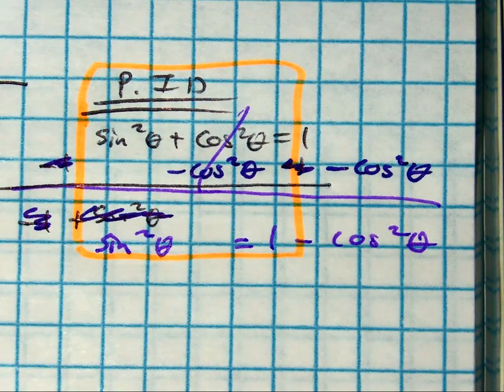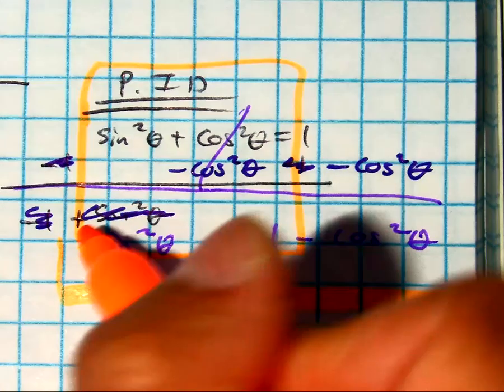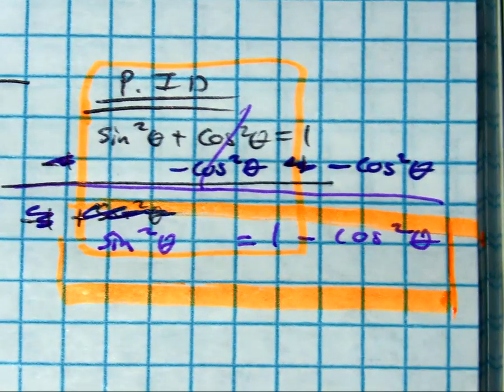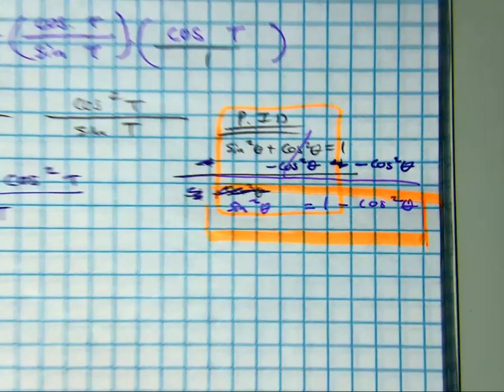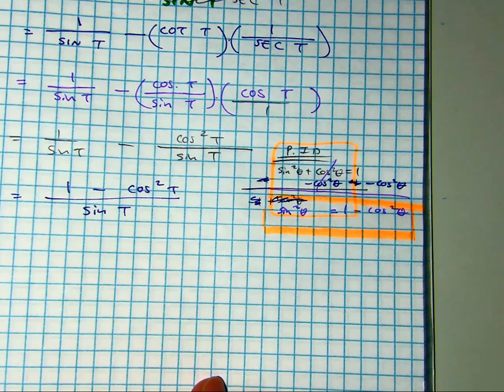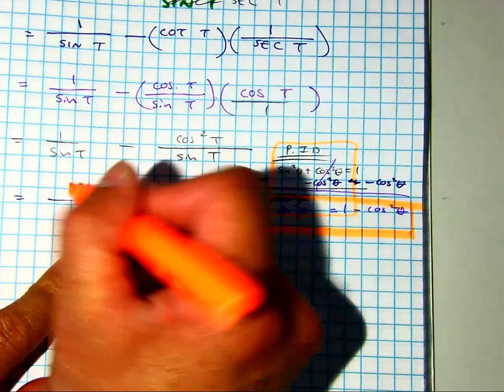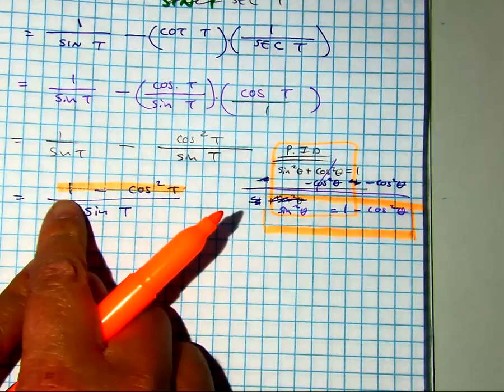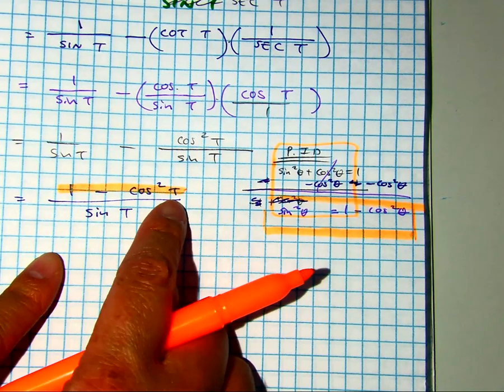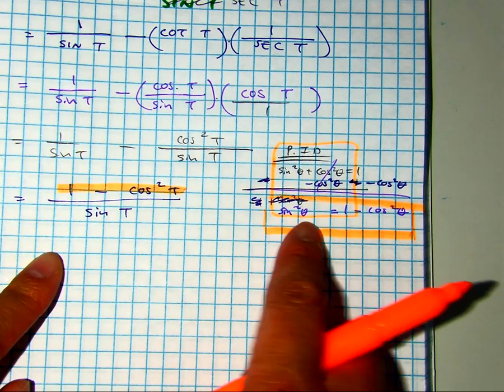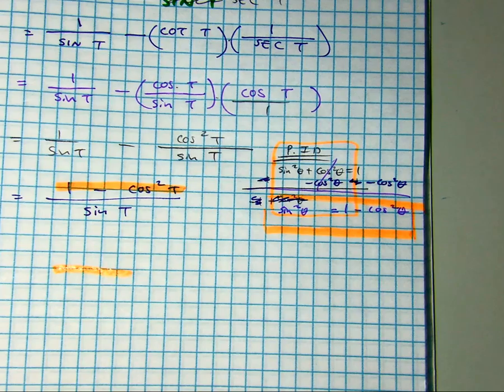Do you see my substitution here? We're using a form of the Pythagorean identity. Now, our variables are different. That's okay. So, class, instead of writing 1 minus cosine squared t, I'm going to write what? Sine squared.